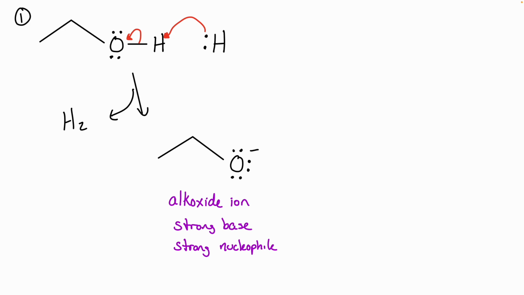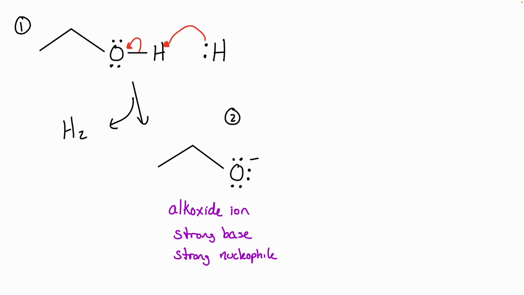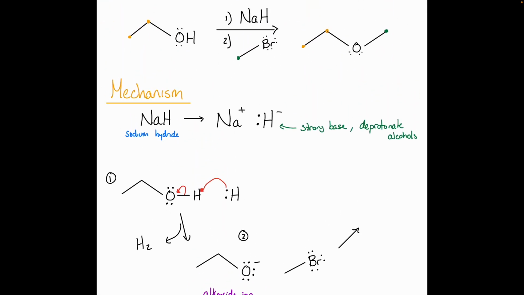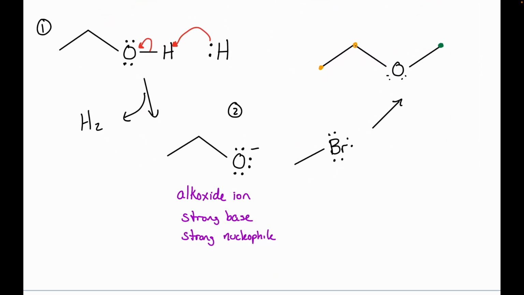Now we're going to do our second step, where we add in that alkyl halide. Given what we just discussed about the alkoxide being a good nucleophile, everybody take a second and finish this mechanism off to give me my asymmetric ether.